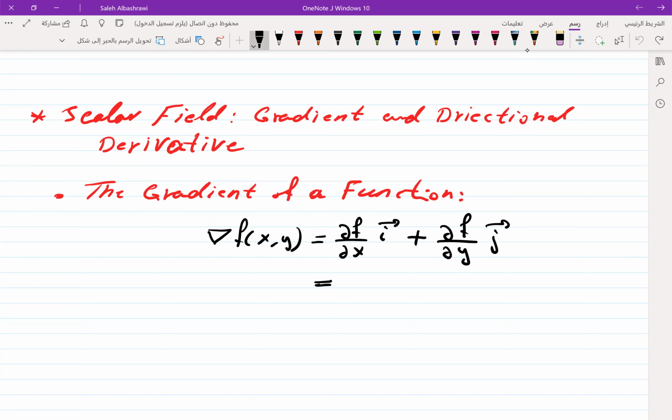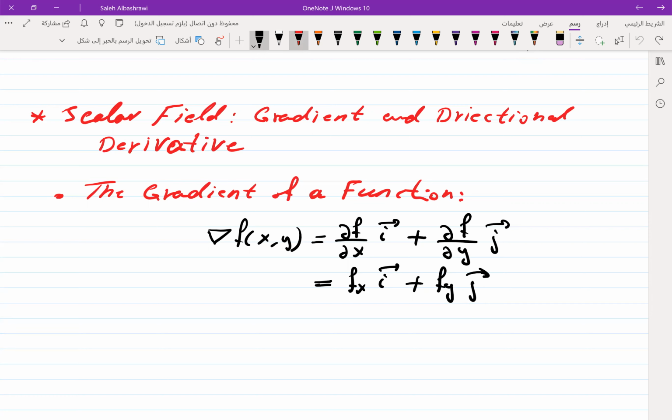Or simply, it is f sub x i plus f sub y j. So this is the gradient of a scalar function. The gradient of a scalar function is a vector. You have to notice this point: we have a scalar function, and the gradient of the scalar function is a vector.